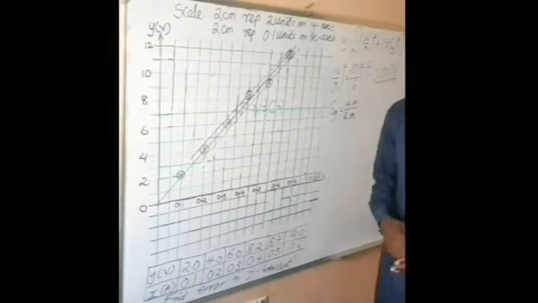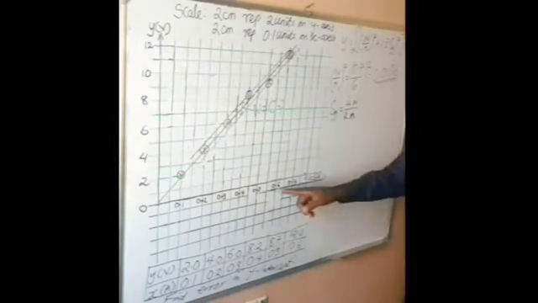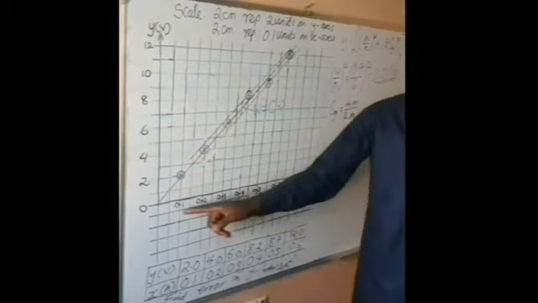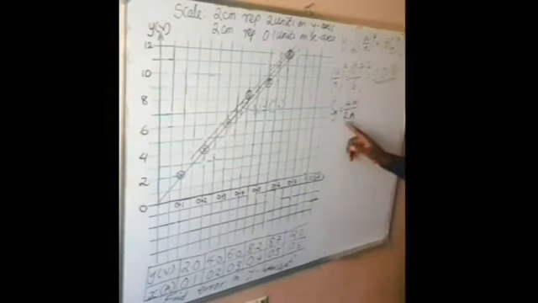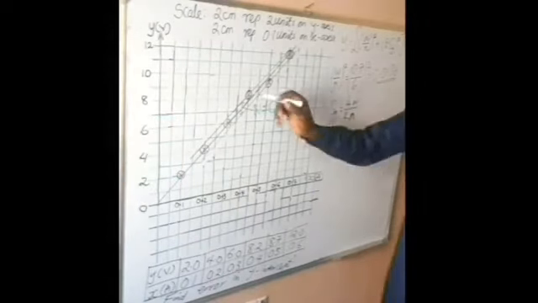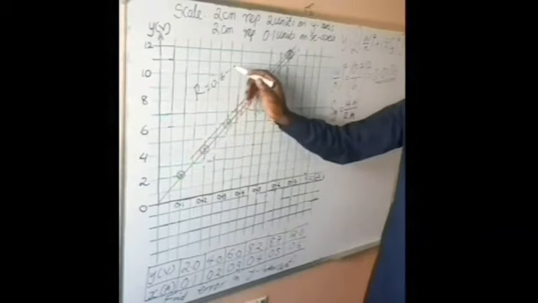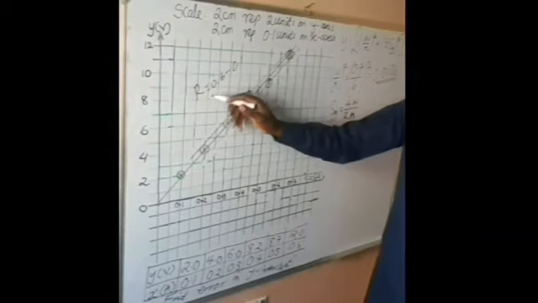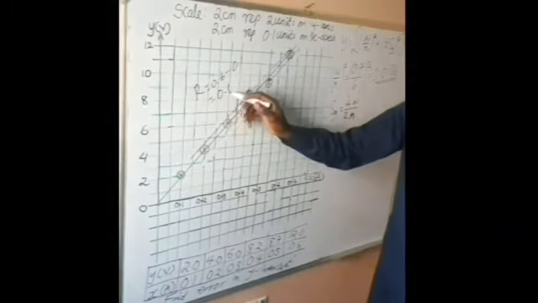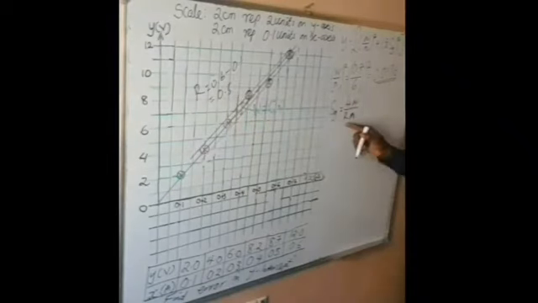So we find the difference: 0.6 minus 0.1, and R is going to be 0.5.